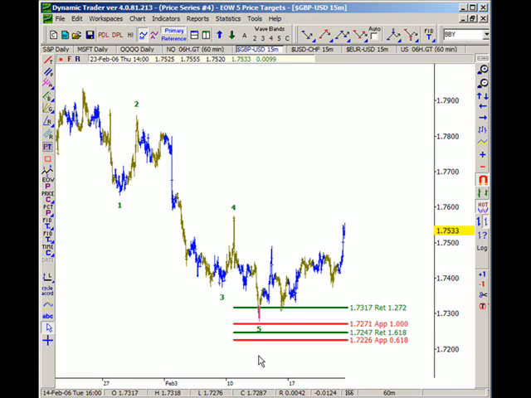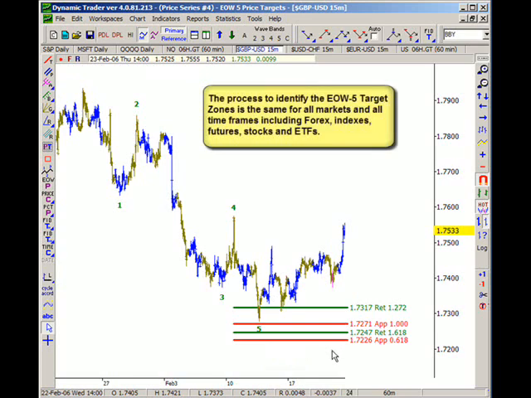And what a great piece of information that would be after having this consistent decline, then being prepared that more than likely that decline was about over, and we even identified the probable target, which would be the extreme of that decline. So foreign exchange markets, intraday futures or index markets, ETFs, stocks, futures, the process is the same with each one of them.